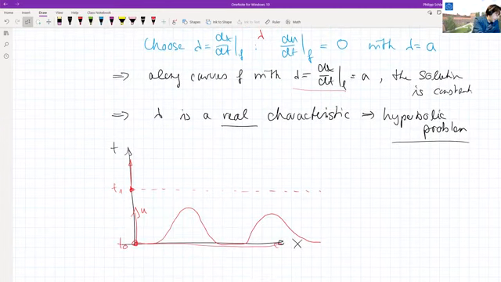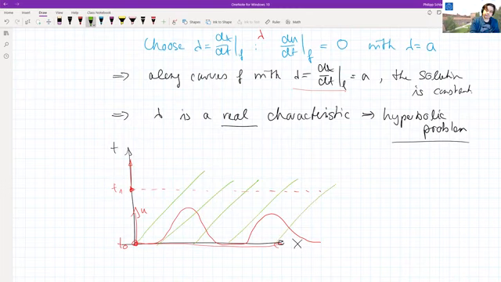So I can draw lines with this slope dx/dt being a, slopes like this in the domain. These green lines correspond to lines with slope lambda. So these are the characteristics.